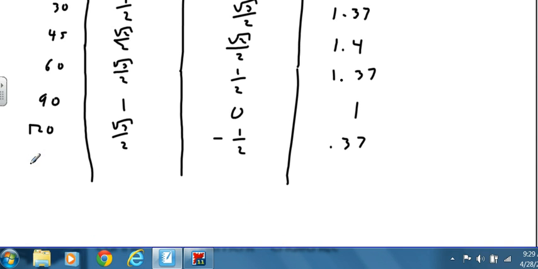Then I look at 135. So I have the square root of 2 over 2 minus the square root of 2 over 2 for the other guy, and I get 0.